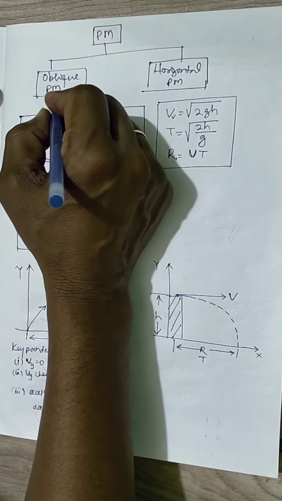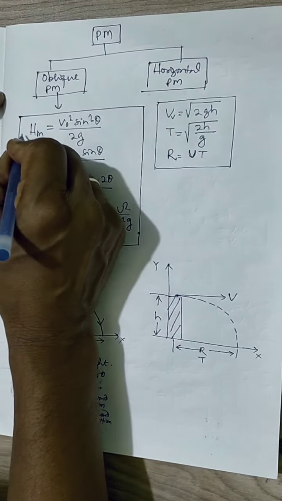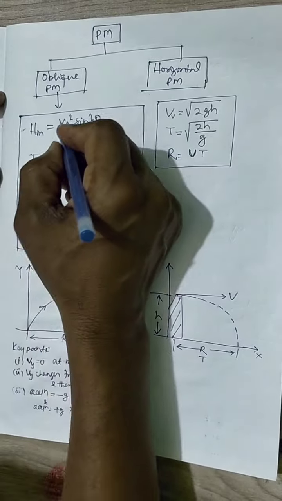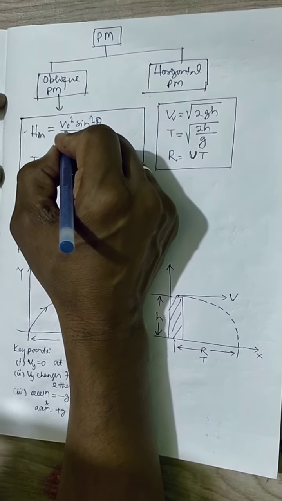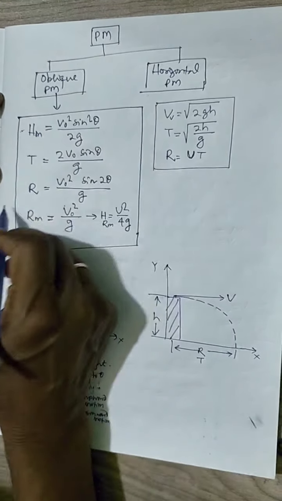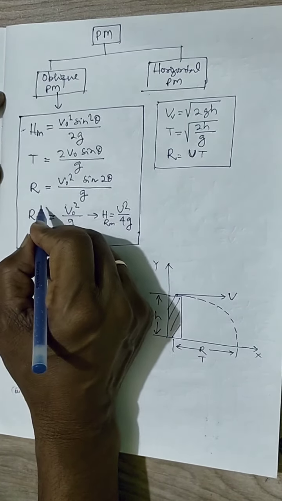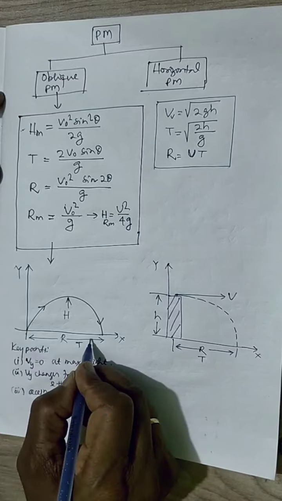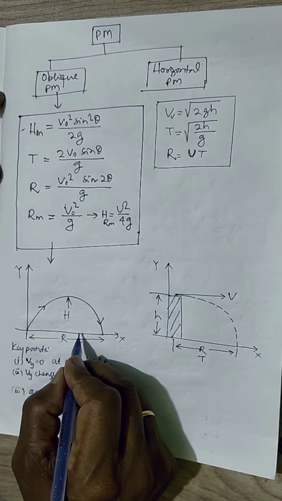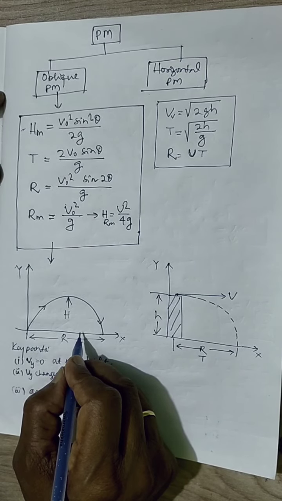Under oblique projectile motion, we will have its maximum height, that is v0 square sin square theta by 2g, time period 2v0 sin theta by g, and range v0 square sin 2 theta by g.